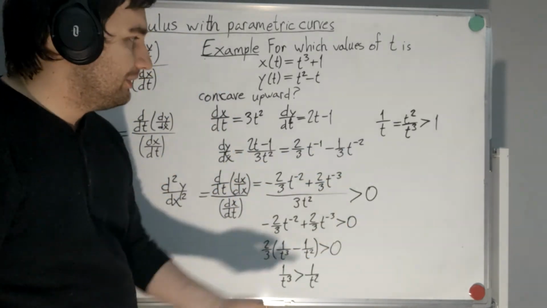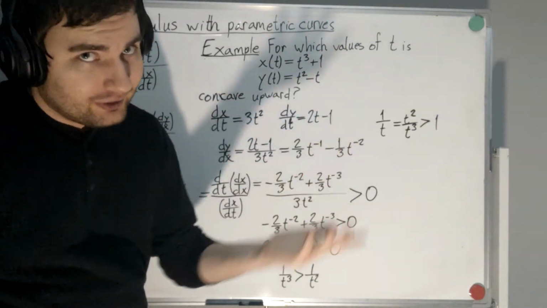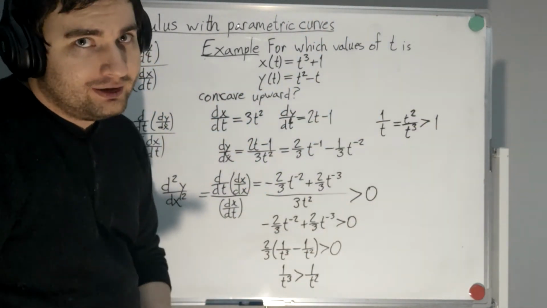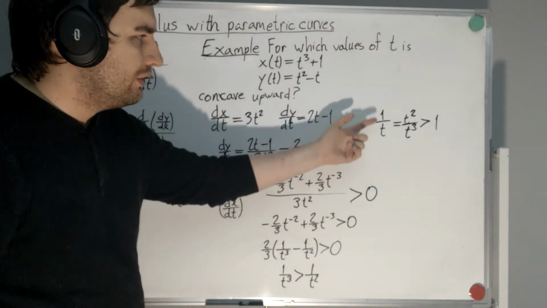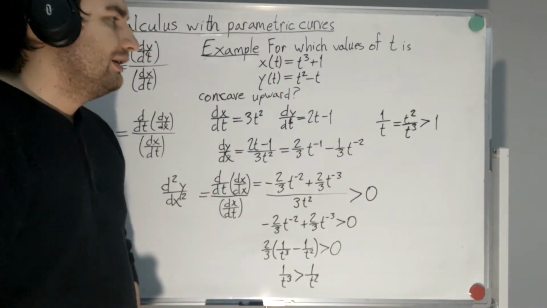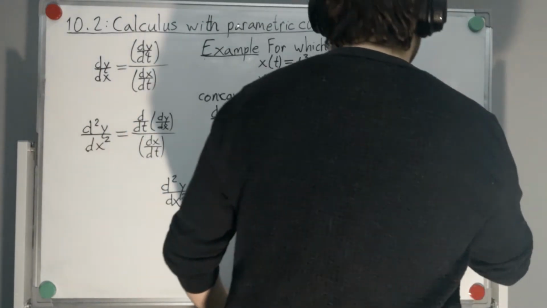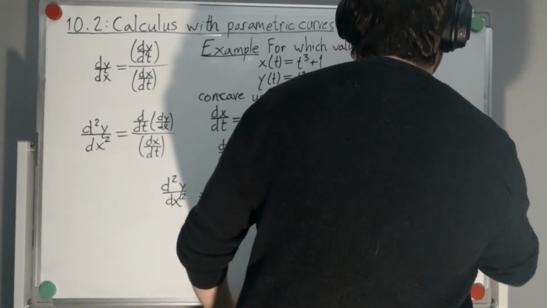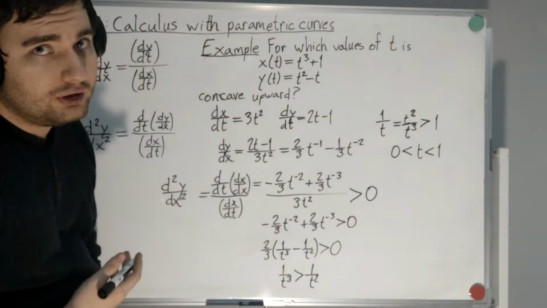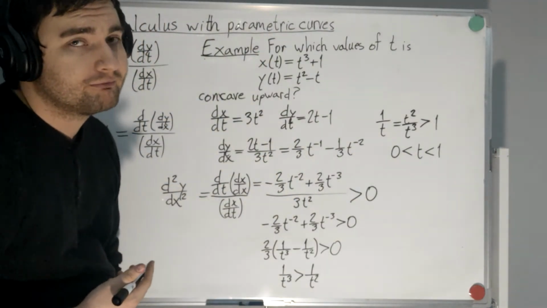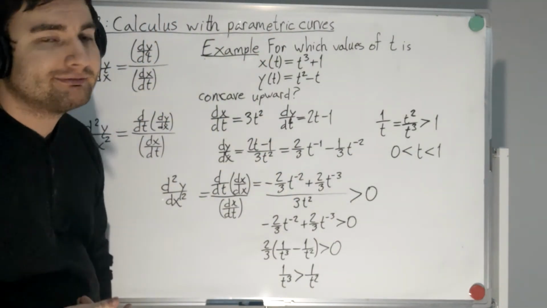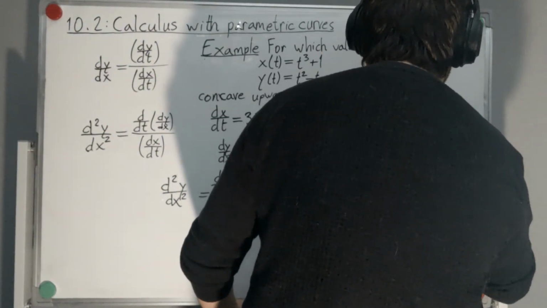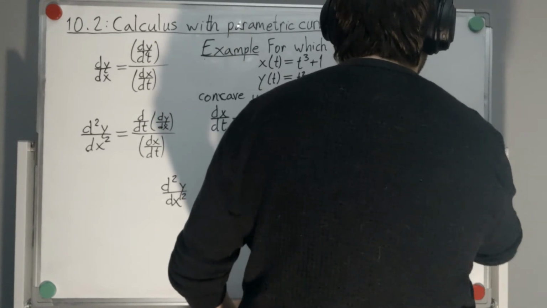If it's less than 0, then this is negative, and so that's not greater than 1. And if t is greater than 1, then 1 over t is less than 1. So on that interval, it is concave upward. For that interval for t. And of course, this can also be written as the open interval from 0 to 1.